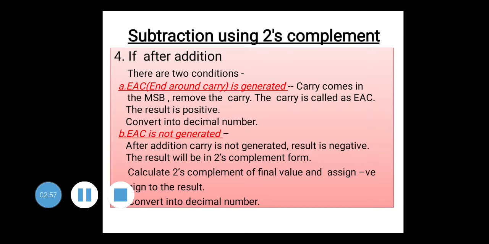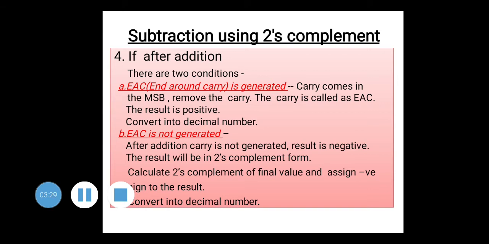So if the carry is generated, you discard it, meaning remove that carry. After removing it, whatever binary number remains, convert it into a decimal number, and the result is positive. This is the condition if the end around carry is generated.